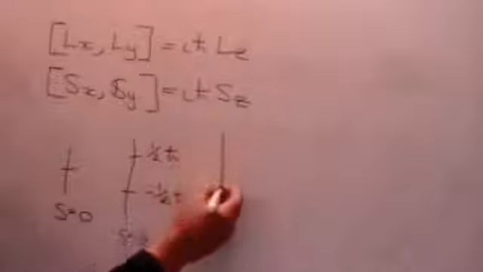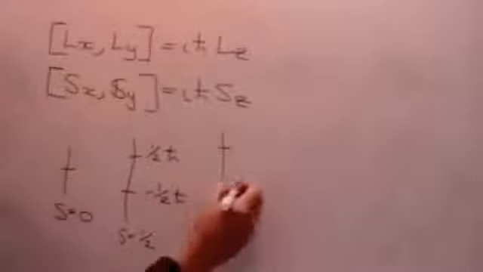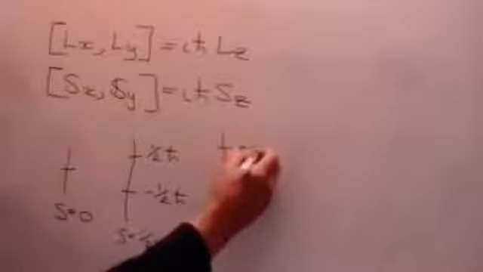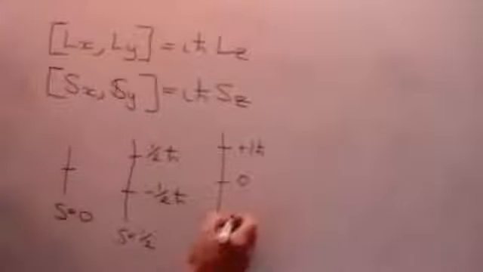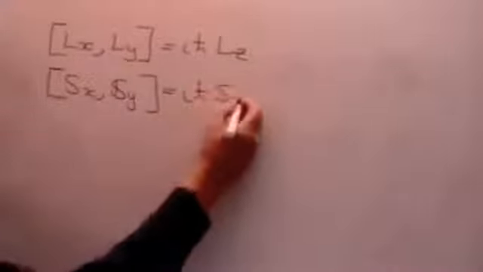But bosons, like for example photons, they have three states: plus 1 h bar, 0, and minus 1 in the y direction was equal to i h bar Sz. And we also showed that you could produce similar commutators of y with z and z with x.